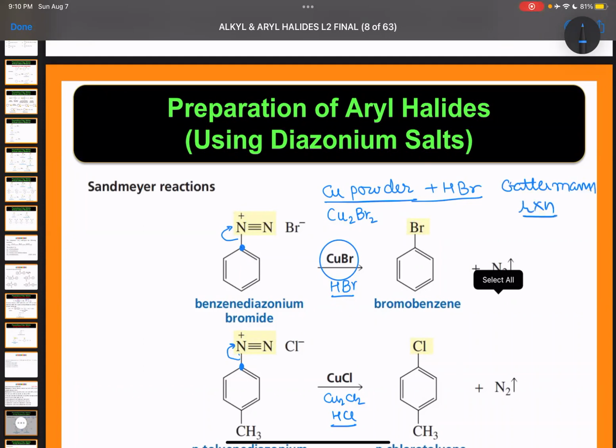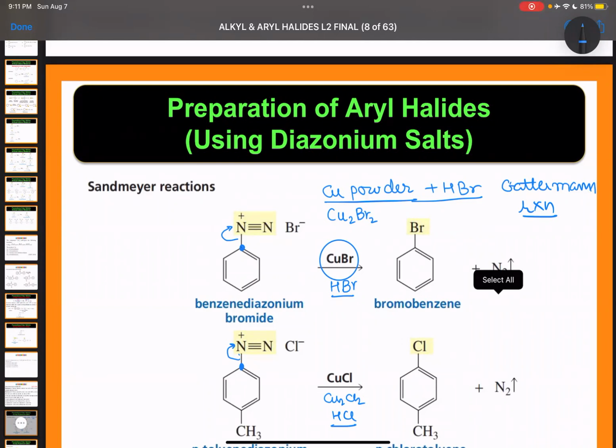The purpose is the same. Yes, sir. The purpose is the same. So Sandmeyer and Gattermann are the two methods which are used to attach Cl or Br to benzene via diazonium. That you need to understand.